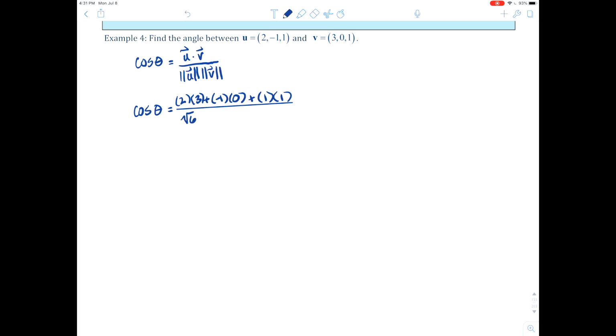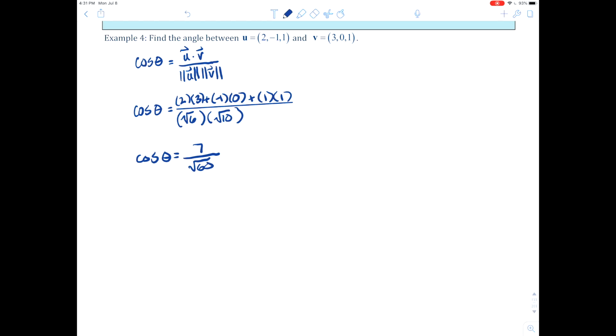And the magnitude of v will be root 10. Cool, cool? So, cosine theta will be equal to, we'll have what? 6 plus 0 plus 1, so that is 7, over root 60.